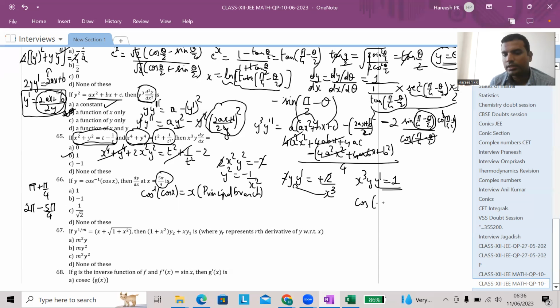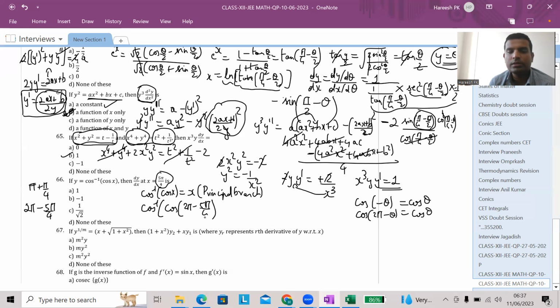Cos of minus theta is same as cos theta. That means cos of 2 pi minus theta is same as cos theta. So the first step is I will try to write cos phi pi by 4 as cos of 2 pi minus phi pi by 4.